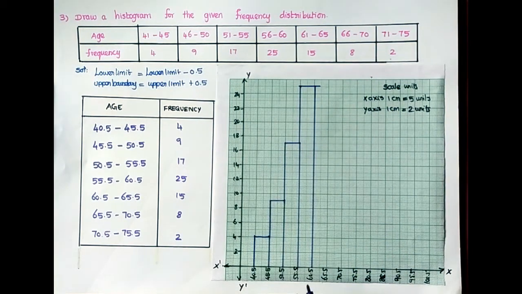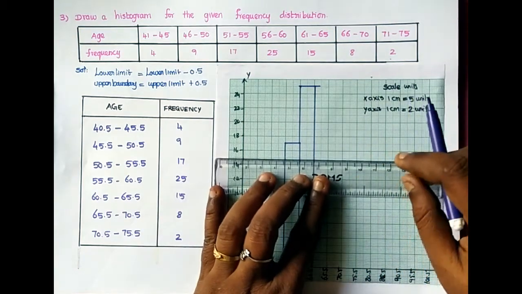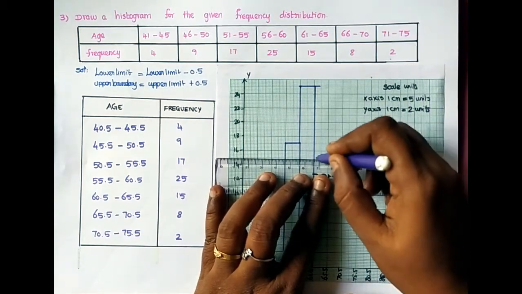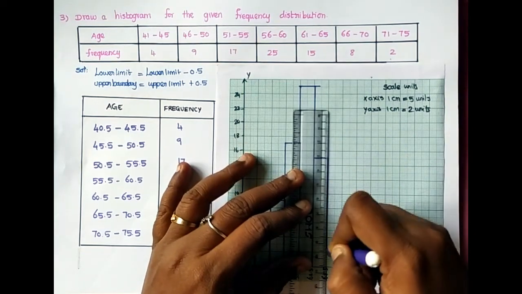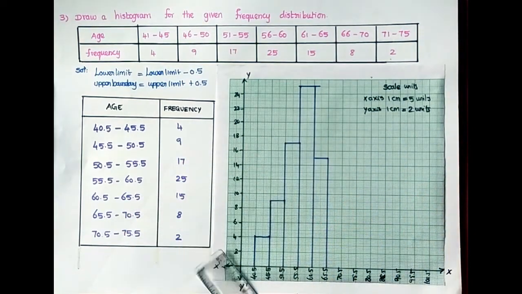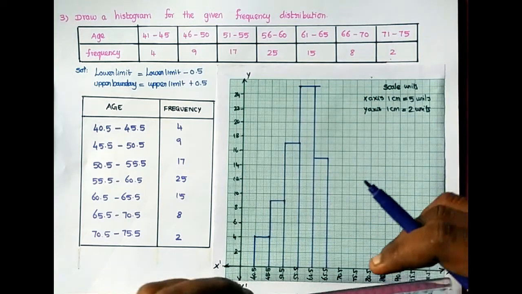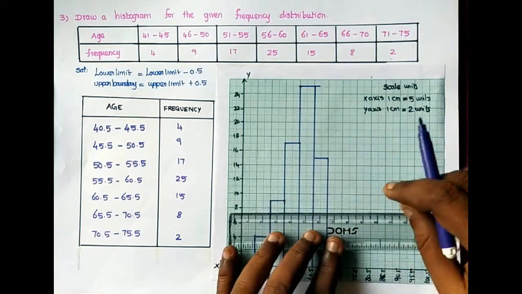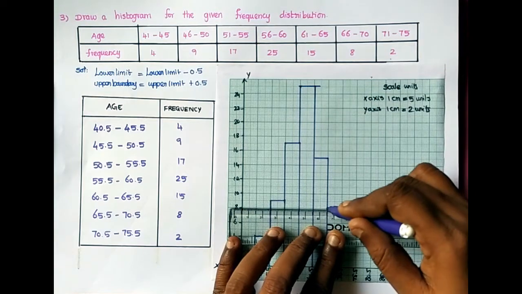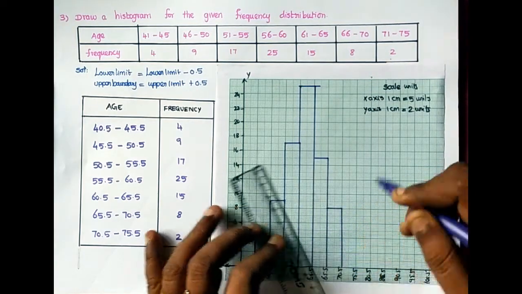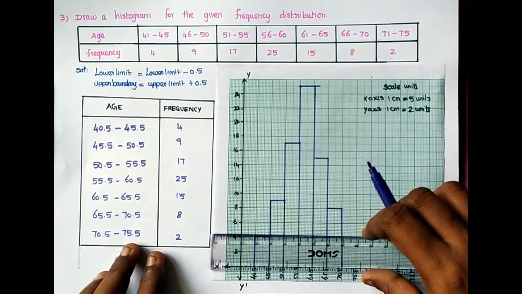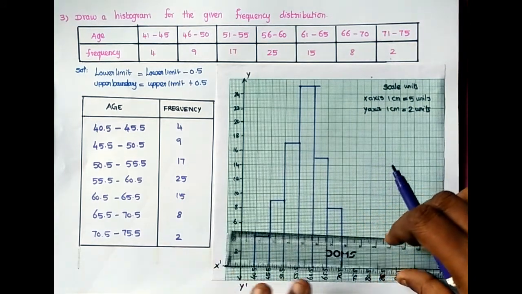Next one 60.5 to 65.5, 15. Next one 65.5 to 70.5, 8. Next one 70.5 to 75.5, 2.